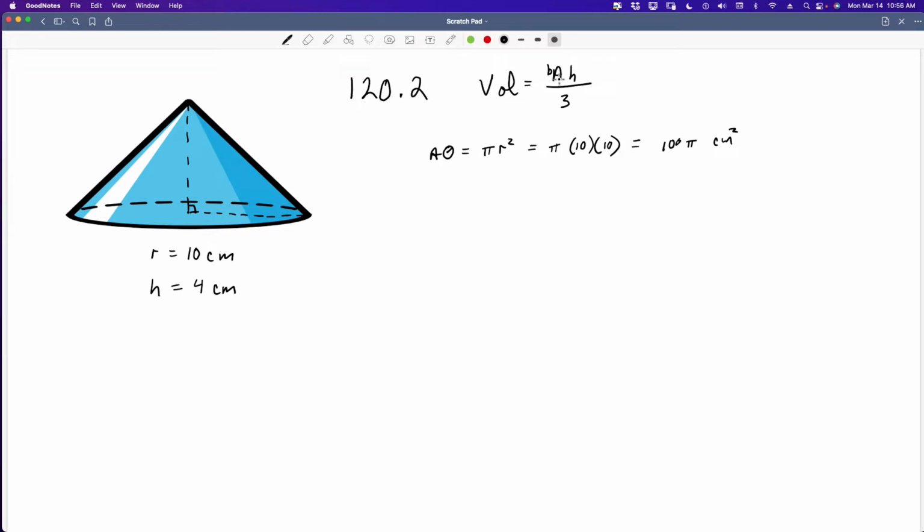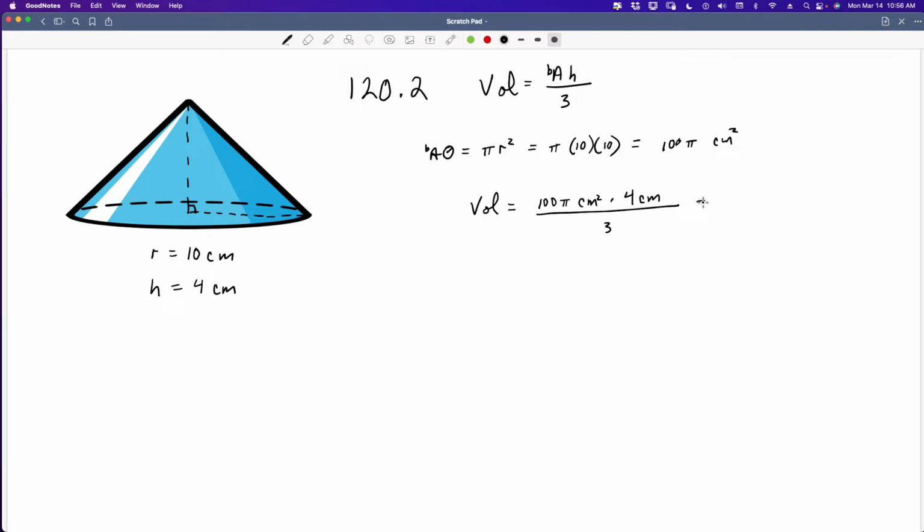So we're going to sub that in here. That's going to be the base area. So the volume is going to be equal to 100 pi centimeters squared times the height, which is 4 centimeters, over 3.